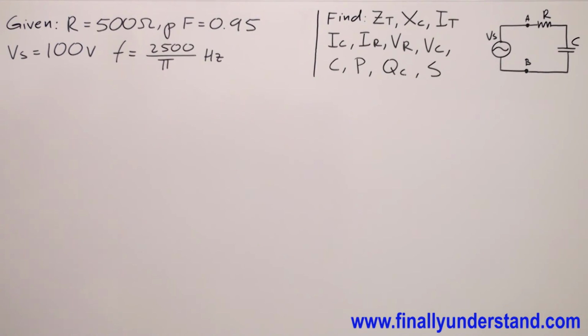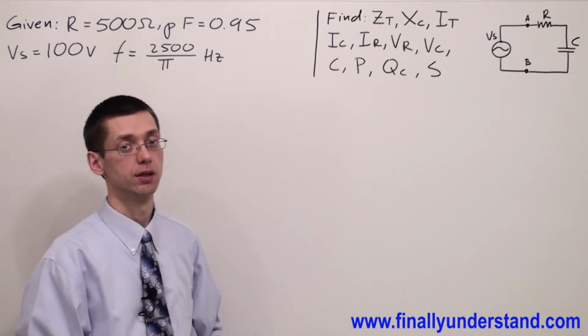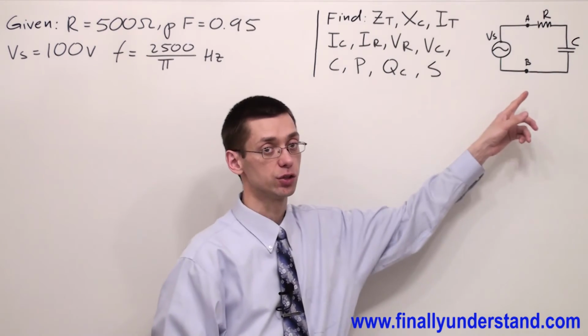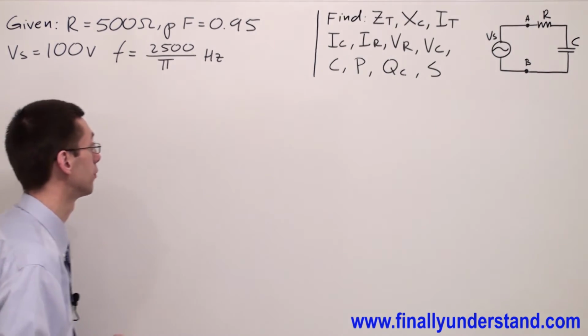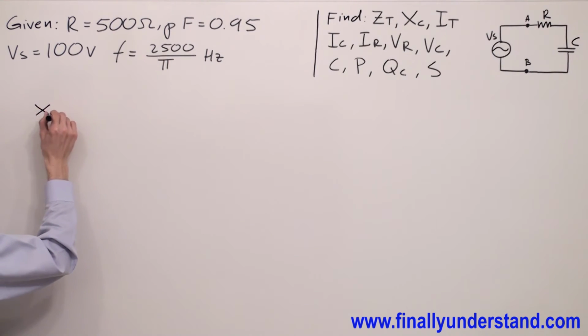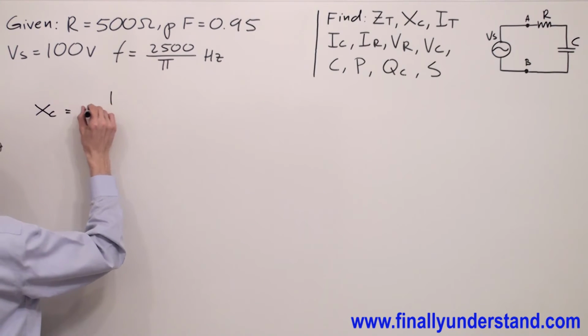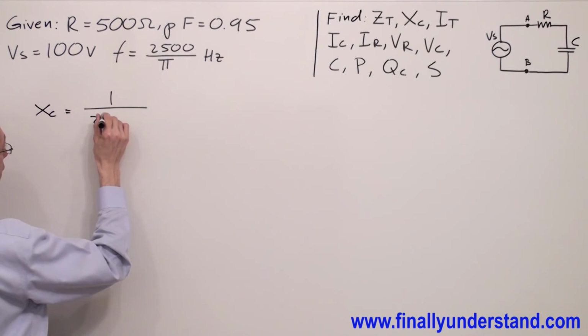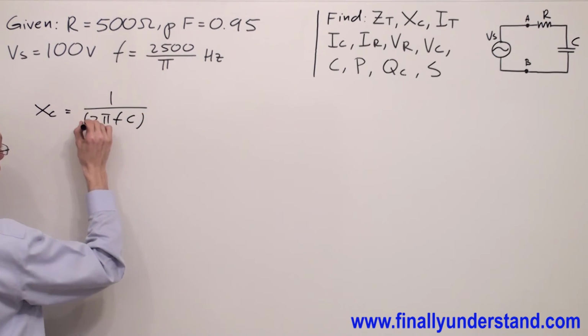Next, we're supposed to find the capacitance of the capacitor. I'm going to use the formula for the capacitive reactance. So X of C equals 1 over 2 pi Fc.